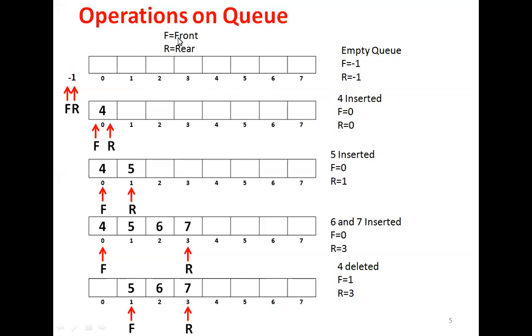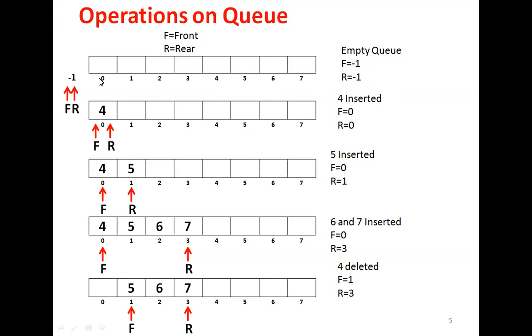Front is the front end where data can be deleted, and rear is the rear end, that is the back end, where data can be inserted. And initially, whenever there is no data item in the queue, that means the queue is empty. At that time, front is -1 and rear value is also -1.